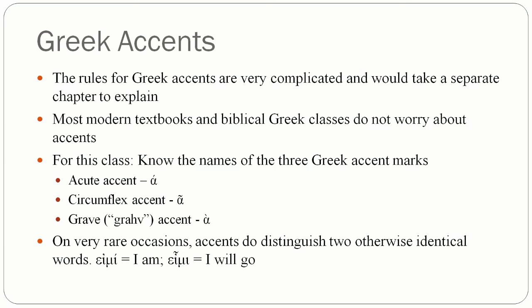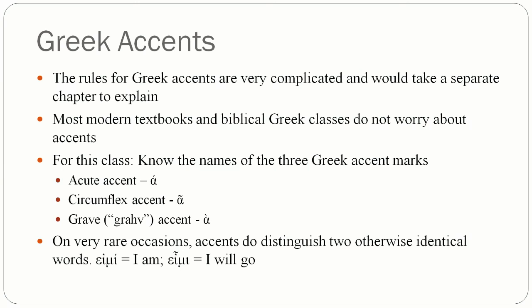But thankfully, since then, Greek has lost that, so it's a lot less complicated, and all of these are now just a stress accent, telling you which syllable to accentuate. So those are the three accent marks in Greek: acute, circumflex, and grave.